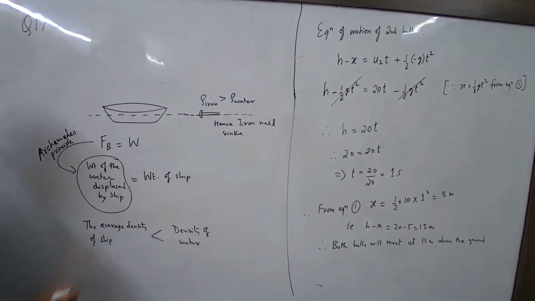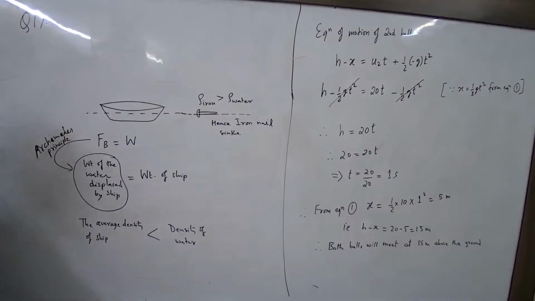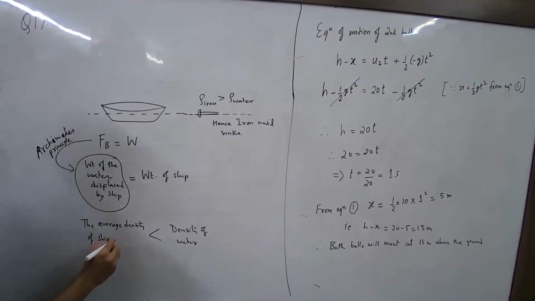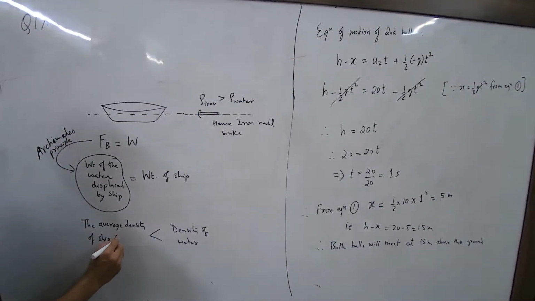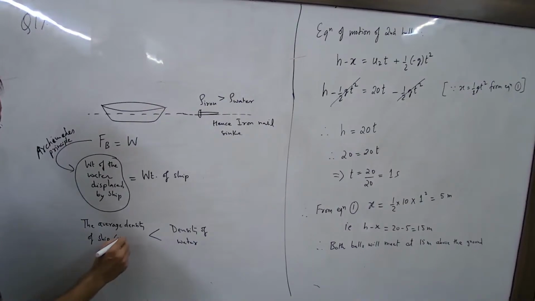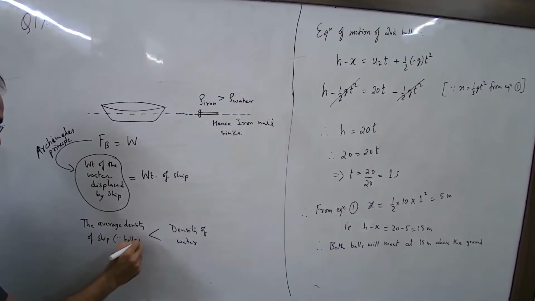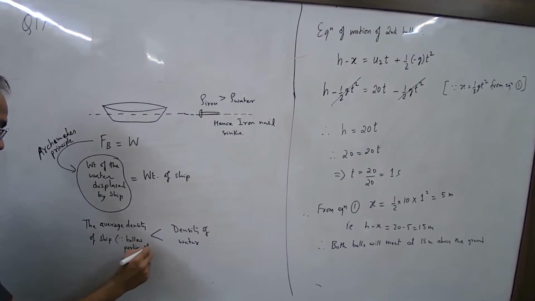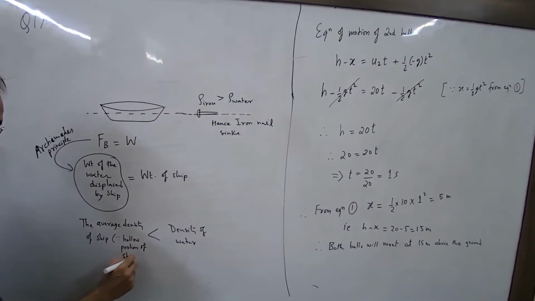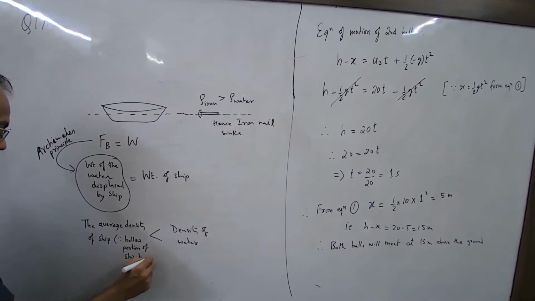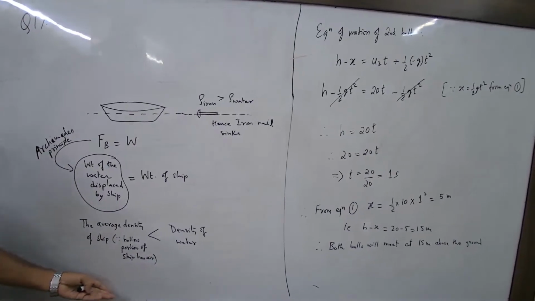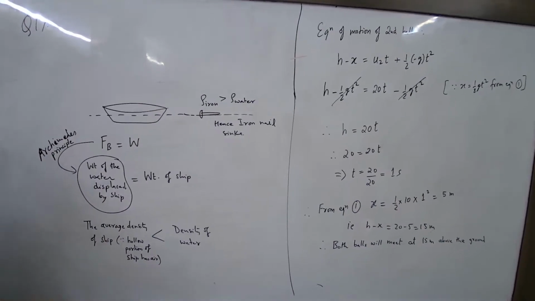The average density of the ship is because of the density of the ship's metal and air, because it's hollow. So air density is obviously less than water. If the ship was solid, will it float?